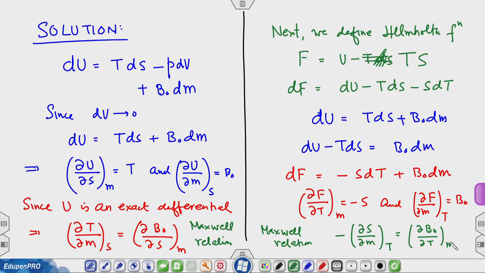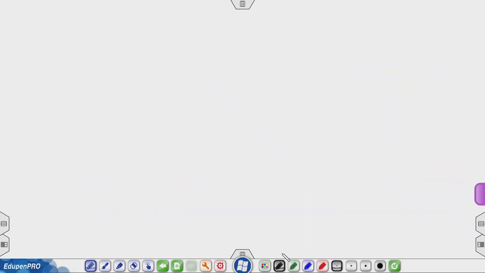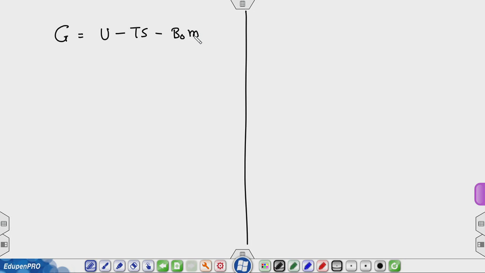Let's go to the third one now through the Gibbs free energy. So, define Gibbs free energy as u minus Ts minus B 0 m, and this gives you dg equals minus s dT minus m dB 0.